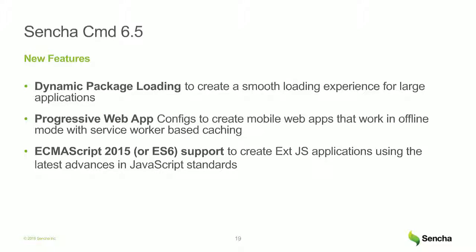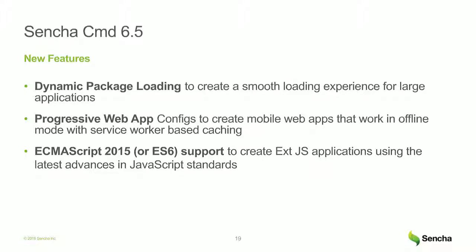We've also improved support for progressive web applications, making it easier to configure what the service worker-based caching looks like and how it operates, so that when you have an app loaded onto a mobile device to work in offline mode, it's a lot easier to set up.